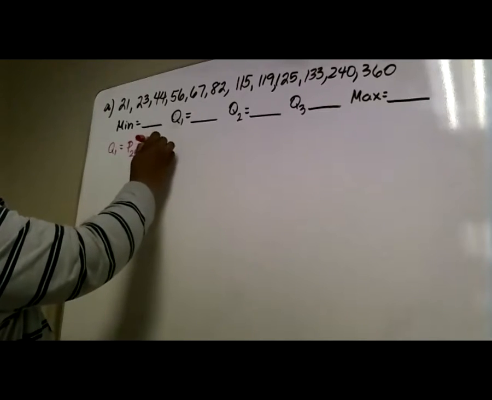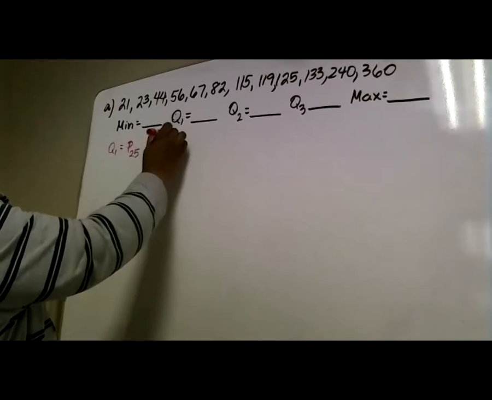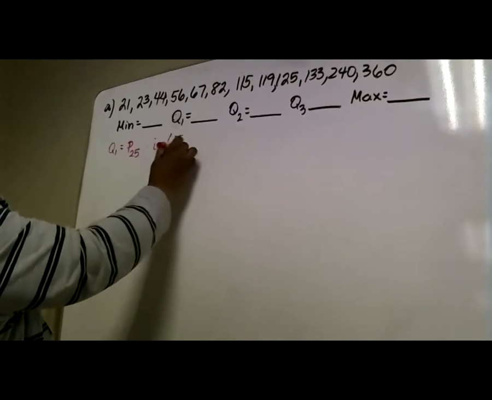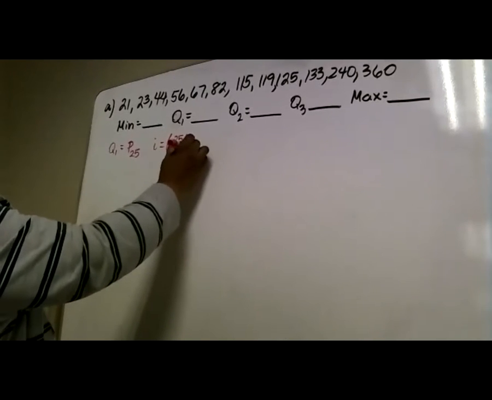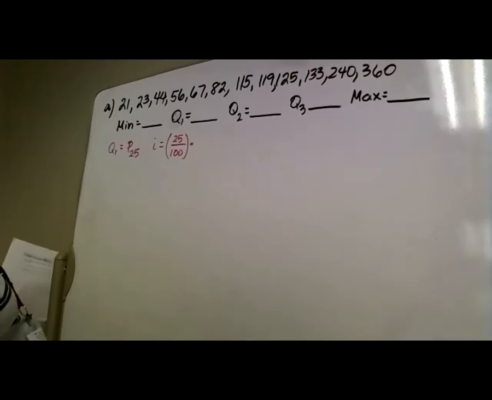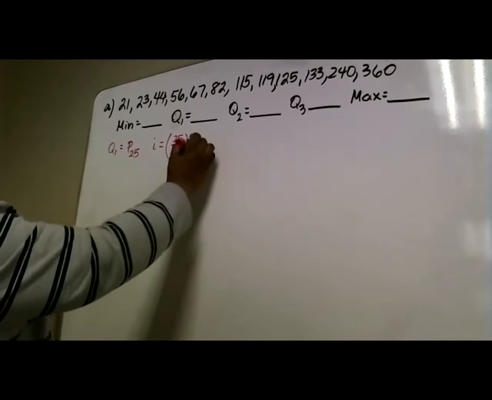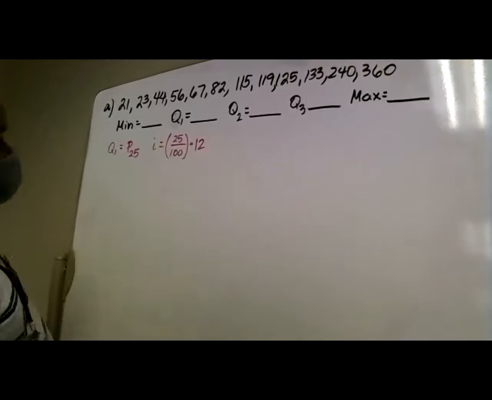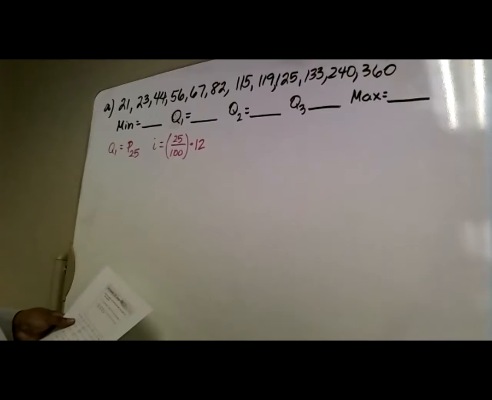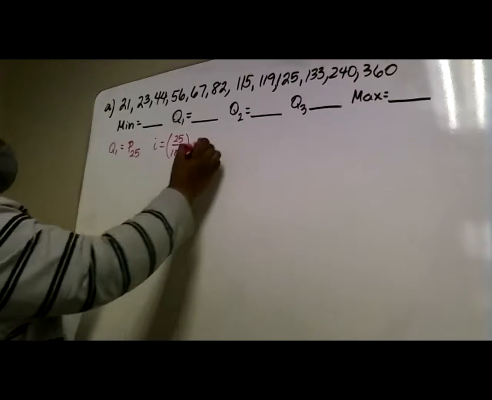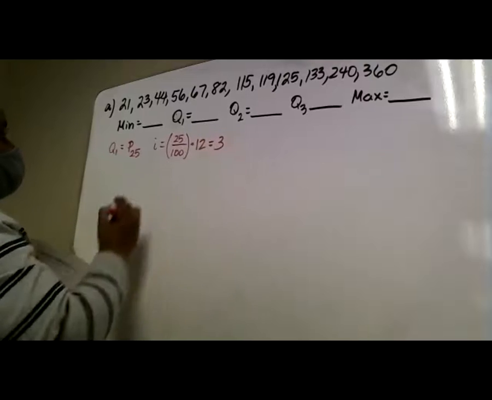So here, the i position would be the 25th percentile divided by 100 times n. How many data values do we have here? It's 12. So 25 divided by 100 times 12 would give me 3.